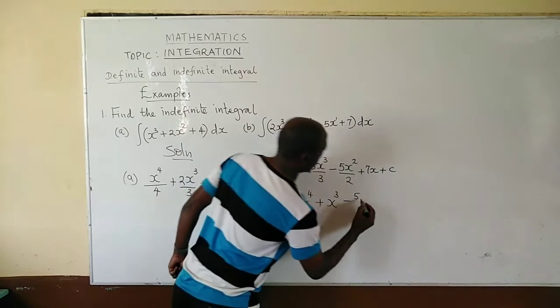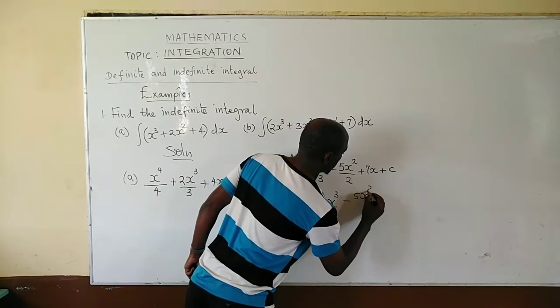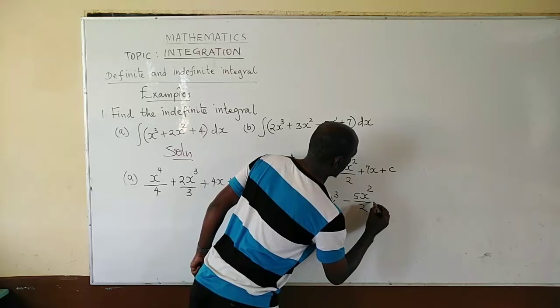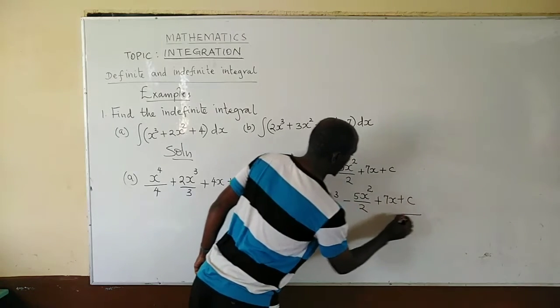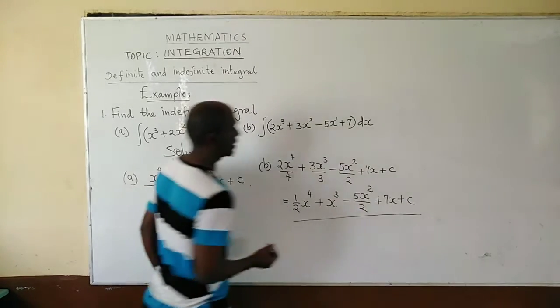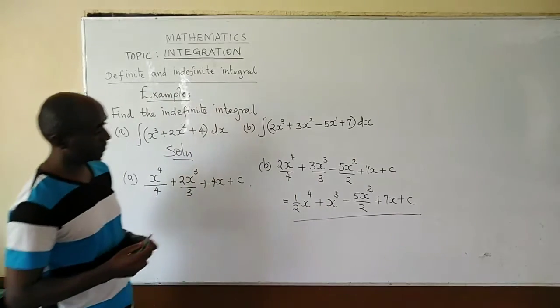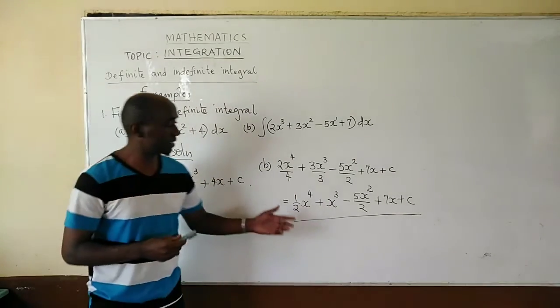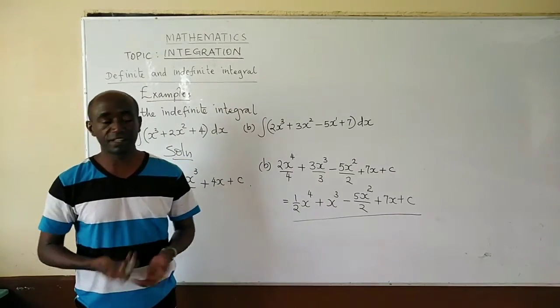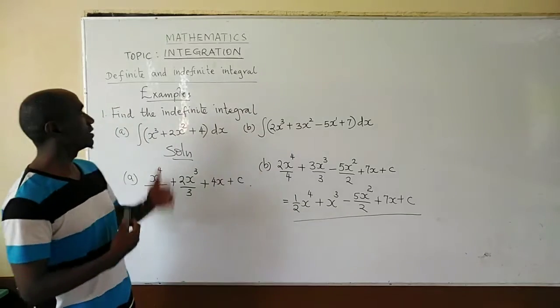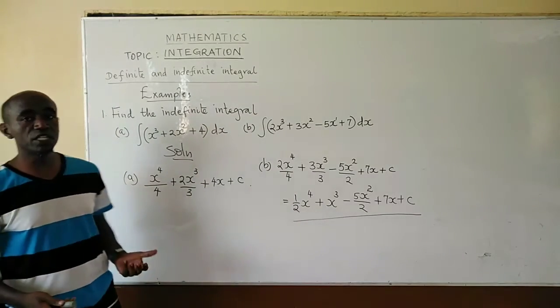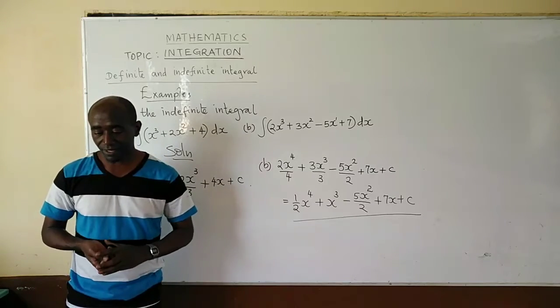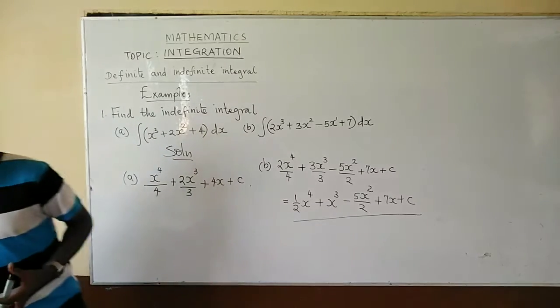Here you cannot simplify. 5x squared over 2 plus 7x plus c. So that is the answer to part B. That is the indefinite integral. So that is how we find indefinite integral. To get indefinite integral, you need to do only very little. The only thing you do is you integrate. Let's look at example 2.